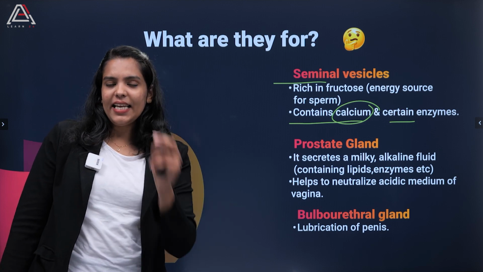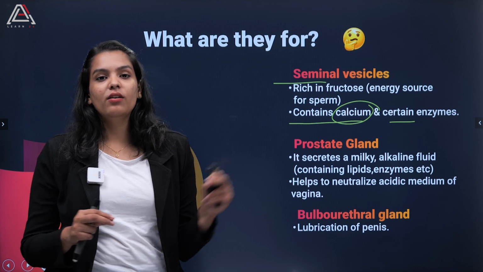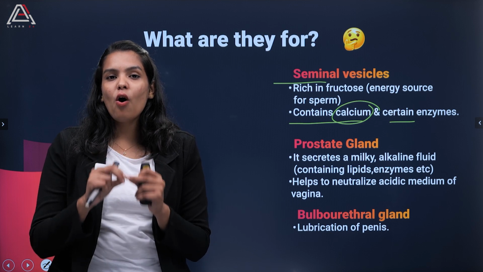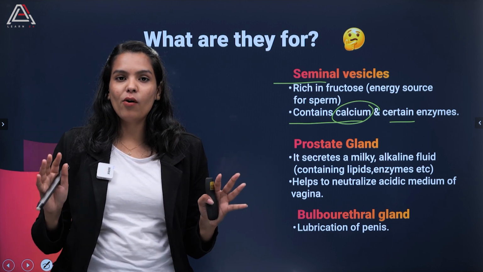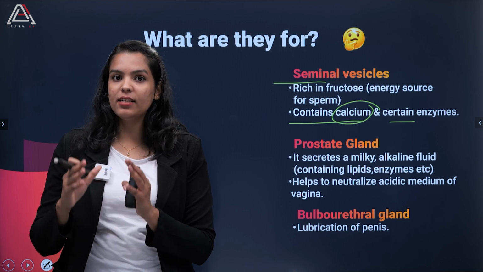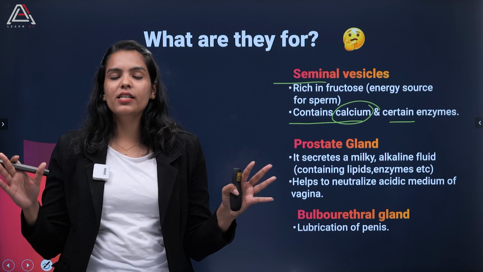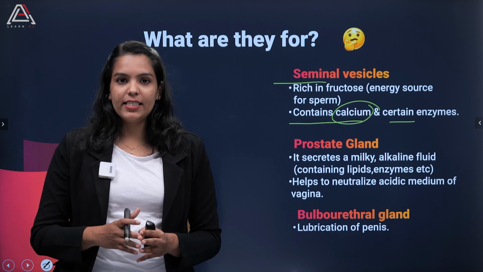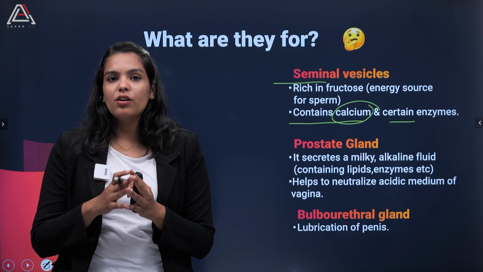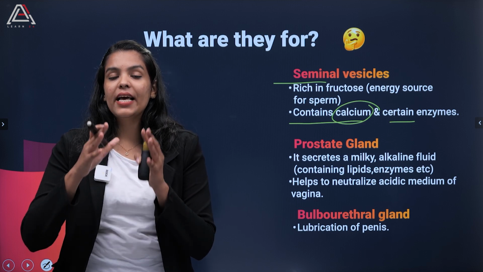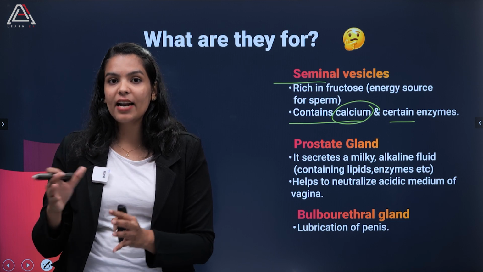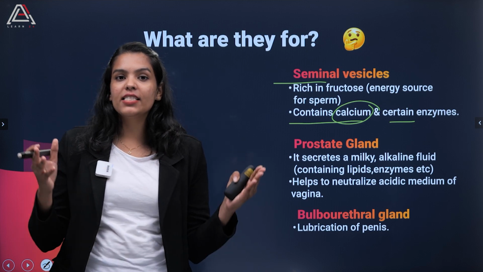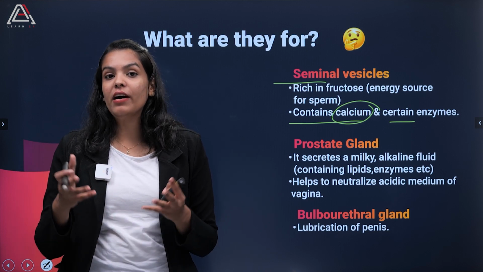Now let me tell you an interesting thing about fructose. Fructose is not present anywhere in our body except in the seminal vesicle. It's only present in the seminal vesicle, right? So the detection of fructose in the female genital tract can be helpful for forensic test identification in case of rape.